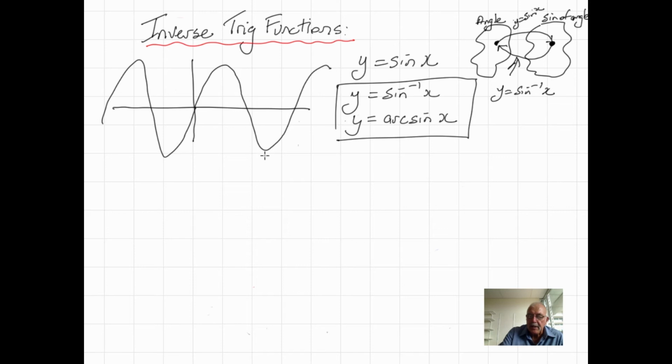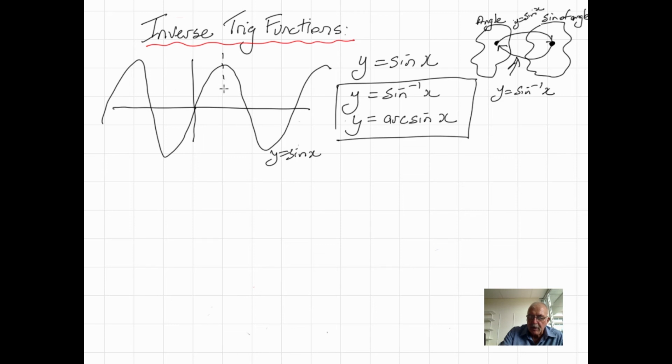And you can see that there are any number of horizontal lines that I could draw where it'll cut the graph in more than one spot. So as it stands, y equals sine x does not have an inverse over the entire domain, but we've also seen that if we restrict the domain, the values of x, then we can determine inverses.